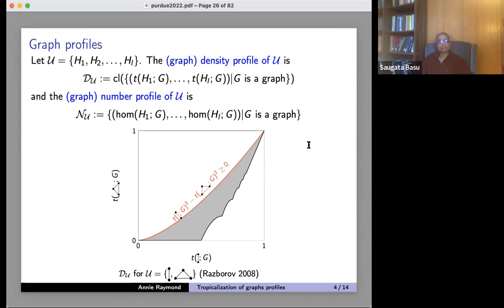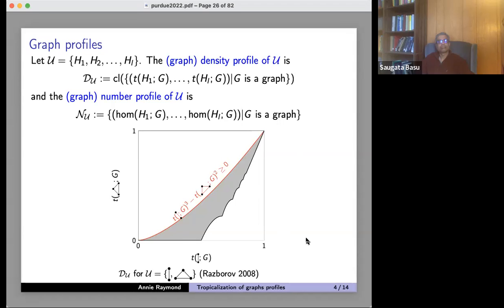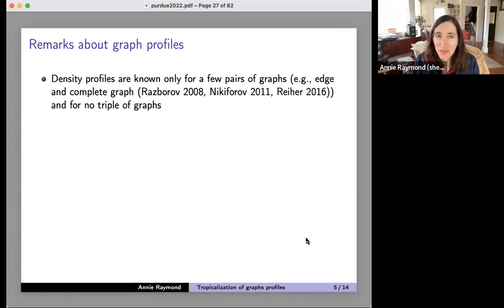But really, we know very little about these things. So in one picture, we get Mantel's theorem and many other interesting things about extremal graph theory, but edge and triangle is one of the very few cases that we know. So we know density profiles for edge and complete graph.